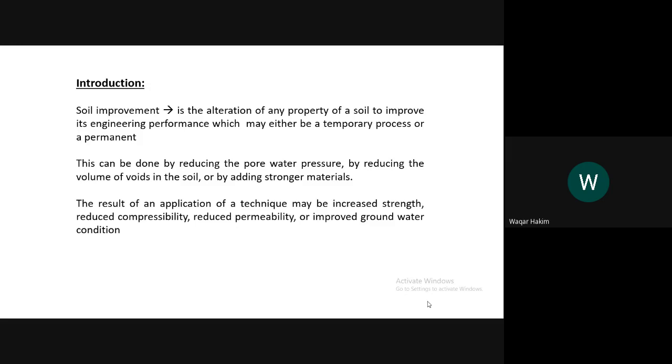This can be done by reducing the pore water pressure of the soil, or by adding stronger materials into the soil like cement or any other additive. The results of applying a technique may be to increase the shear strength of the soil, reduce its compressibility, increase its bearing capacity, and reduce its permeability. Next.